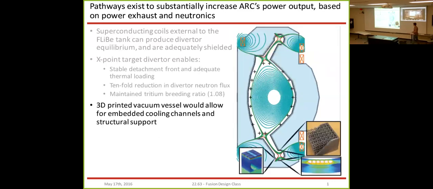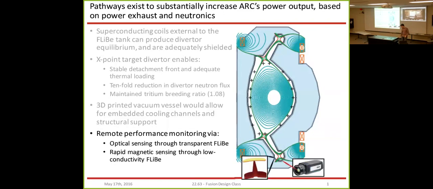As Professor Whyte mentioned, we have been experimenting with 3D printed vacuum vessel technologies in order to create embedded cooling channels and maintain structural support of the vacuum vessel. And finally, we have conceptualized and explored the area of remote performance monitoring because, well, we don't want the reactor to melt.